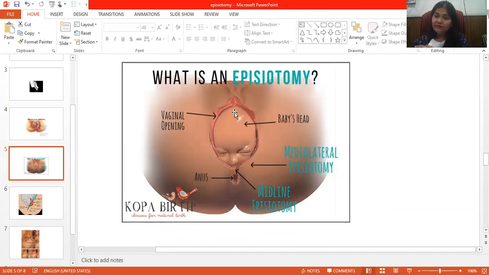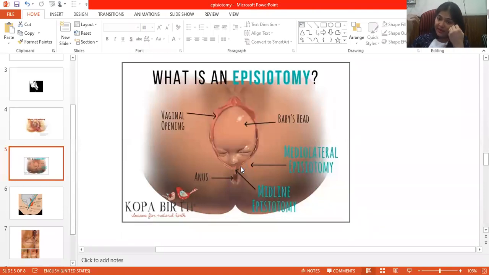Those were the days when they were delivering at home, and these things must have been happening routinely. Many of the women may not even have had a perineum. It eventually used to get destroyed completely with multiparity, and then they used to have at times even fecal incontinence, because the vagina and anus used to become one passage at the end, because repeated tears used to cause that problem, right?